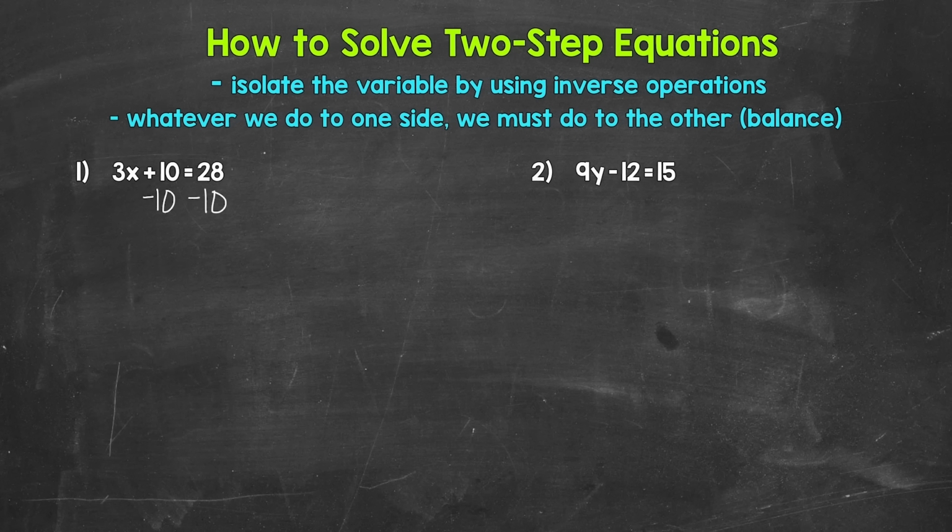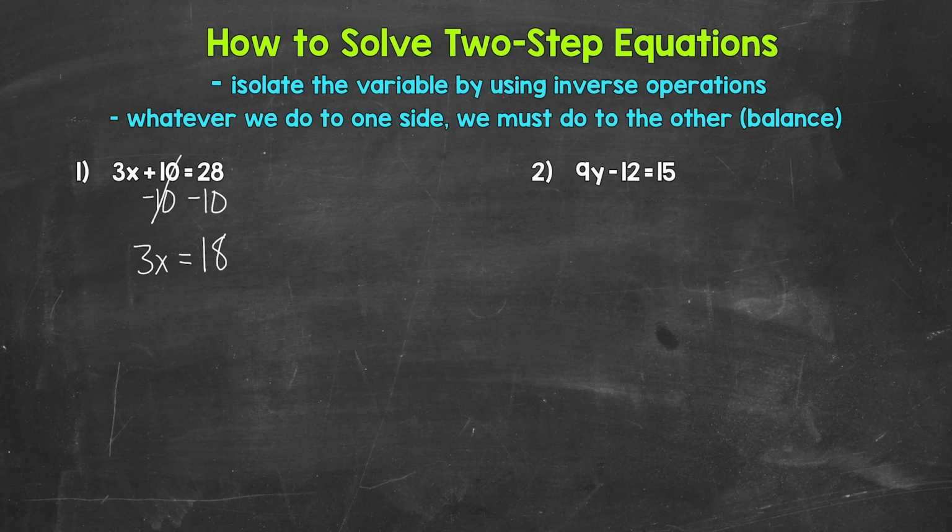Now on the left side of the equation, we are adding 10 and subtracting 10. So these 10s cancel each other out. So we are left with 3x equals, and then on the right side of the equation, we have 28 minus 10, which gives us 18. So now we have 3x equals 18.